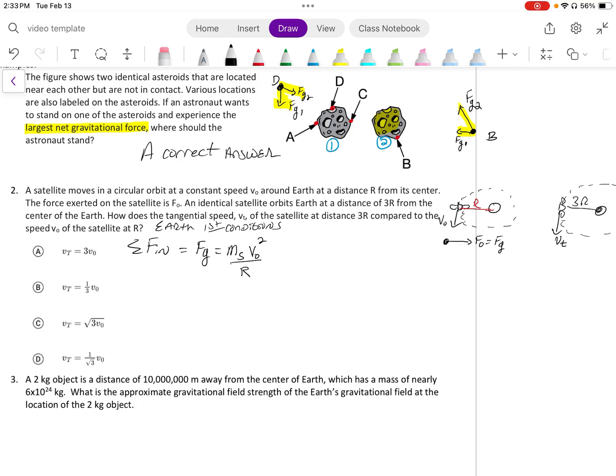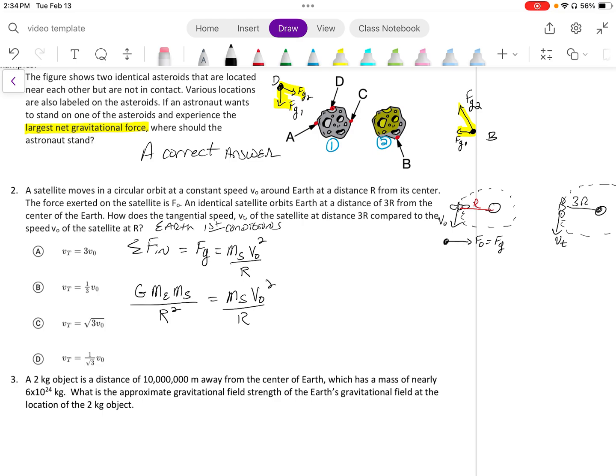Now, go ahead and plug in the definition of force of gravity. I'm not on the surface, so it's big G, mass of the Earth, mass of the satellite, divided by the distance to the center of mass squared, which they said was r, equals mass of the satellite, v0 squared over r.